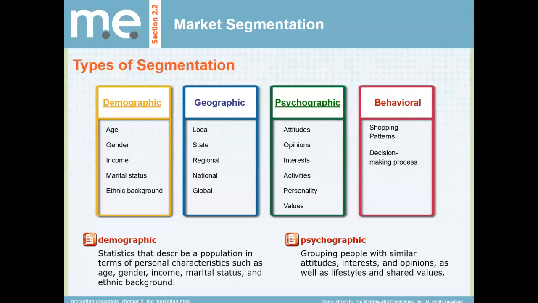Psychographic, your opinions, your attitudes, your interests, activities, personality, values. And then behavior, shopping patterns, and decision-making process. So demographics are those statistics that describe a population in terms of those characteristics as listed there. And then psychographic is grouping people with similar attitudes, interests, opinions, as well as lifestyles and shared values.